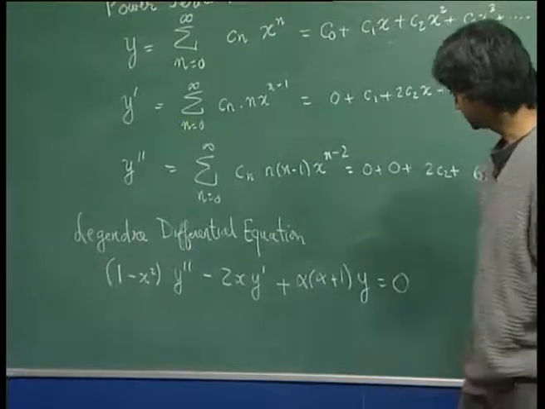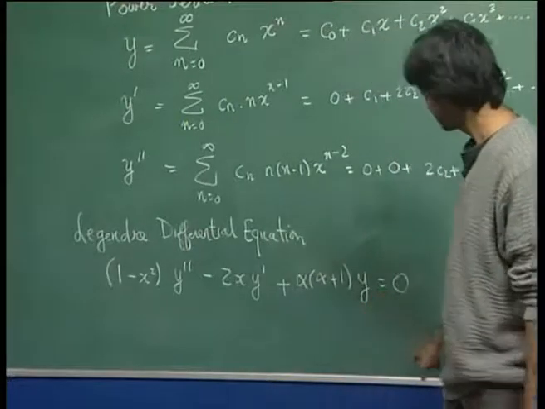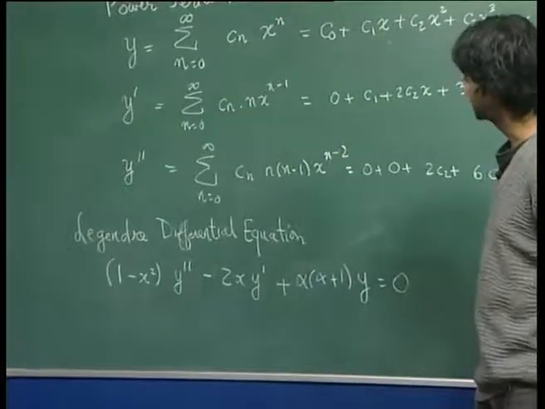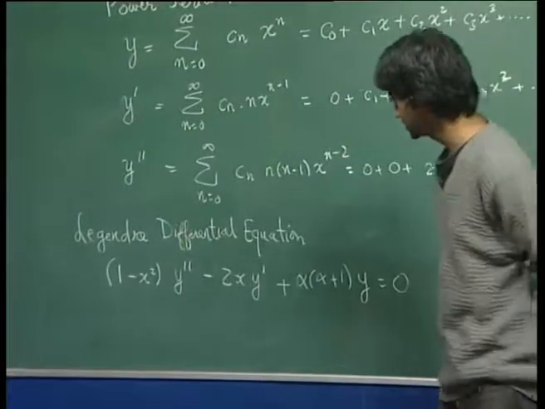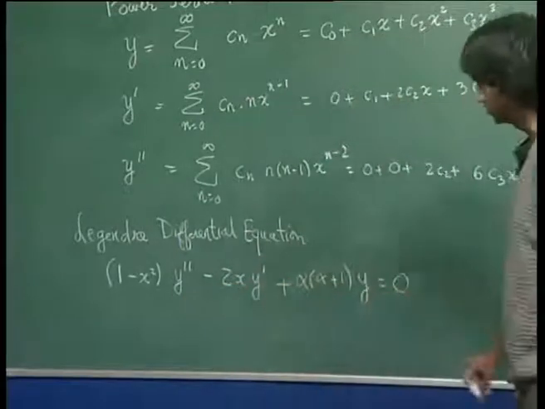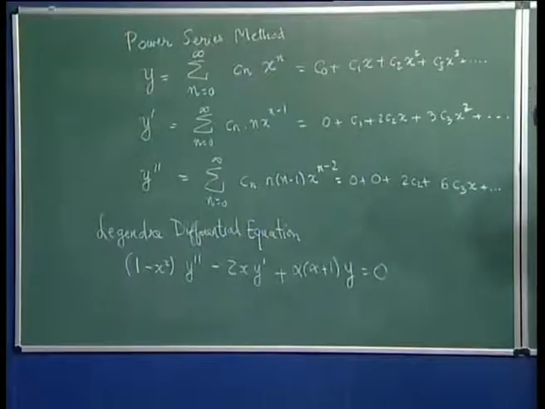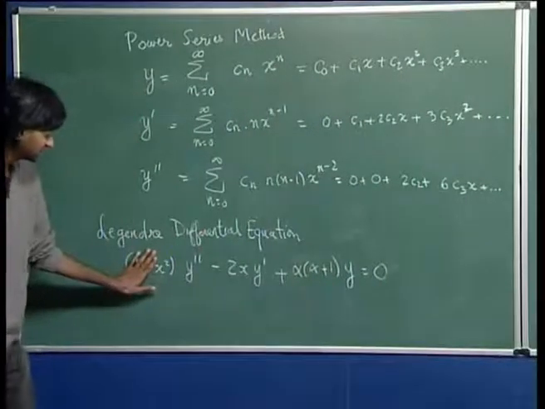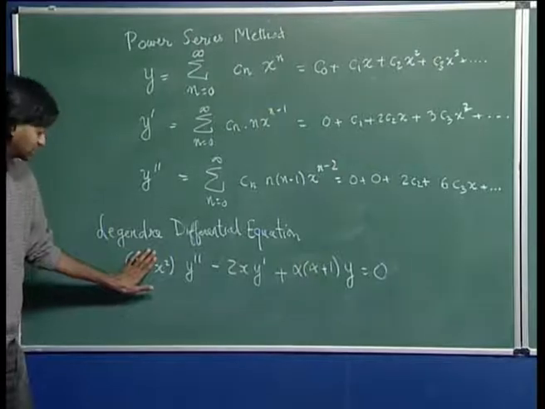But notice that this is a second order differential equation, it is a linear second order differential equation, okay. But if you look at it, if this 1 was not there, then it would look like the Euler-Cauchy equation.